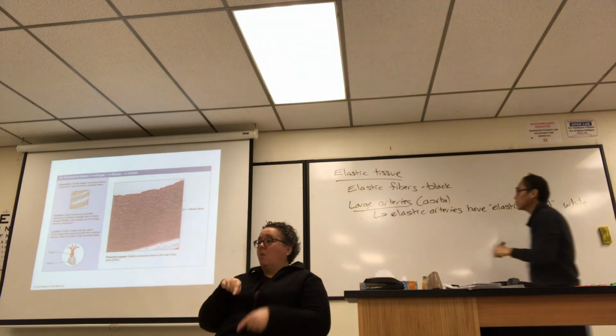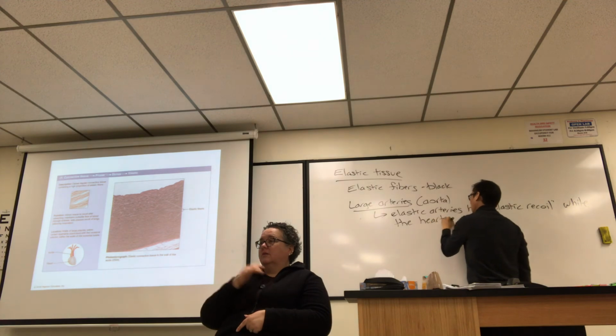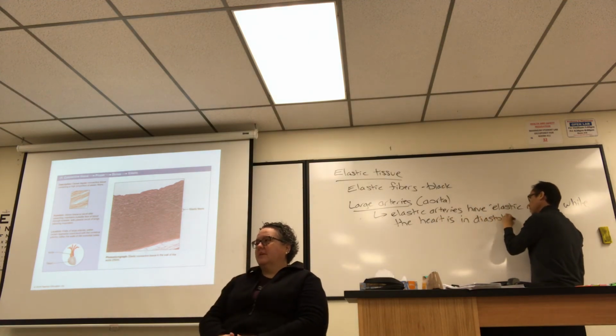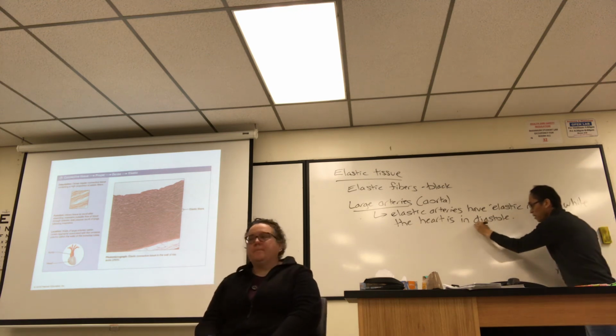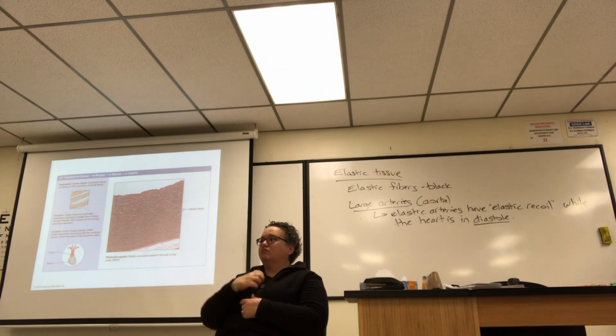While the heart is in diastole. Diastole is the phase of the cardiac cycle when the heart muscle is relaxed. When the heart is relaxed, it's not providing force to pump blood, right?